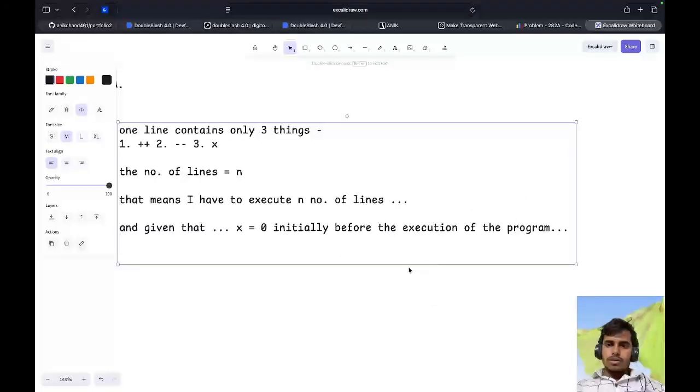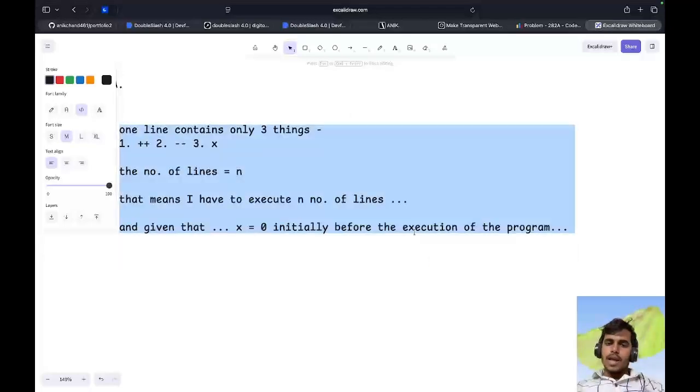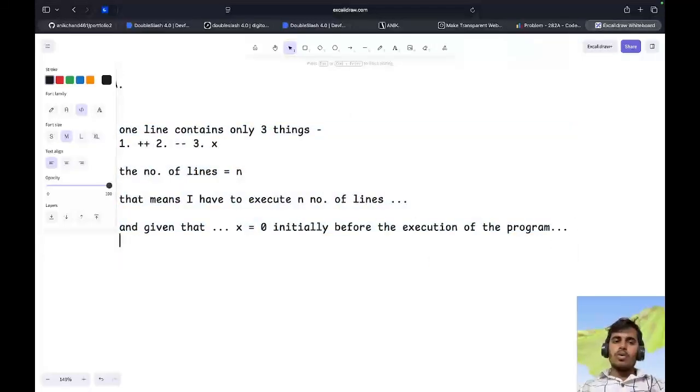So what we have to do? We are given that x equals 0 initially, before the execution of the program, and after the program, what is the output? That means, what is the final value of x? That we have to calculate. Suppose in some line there is a plus plus or minus minus.